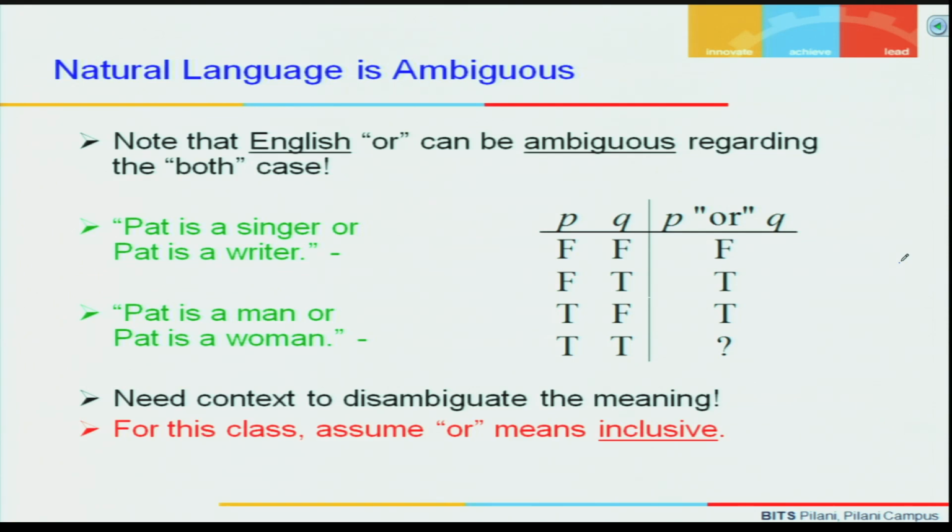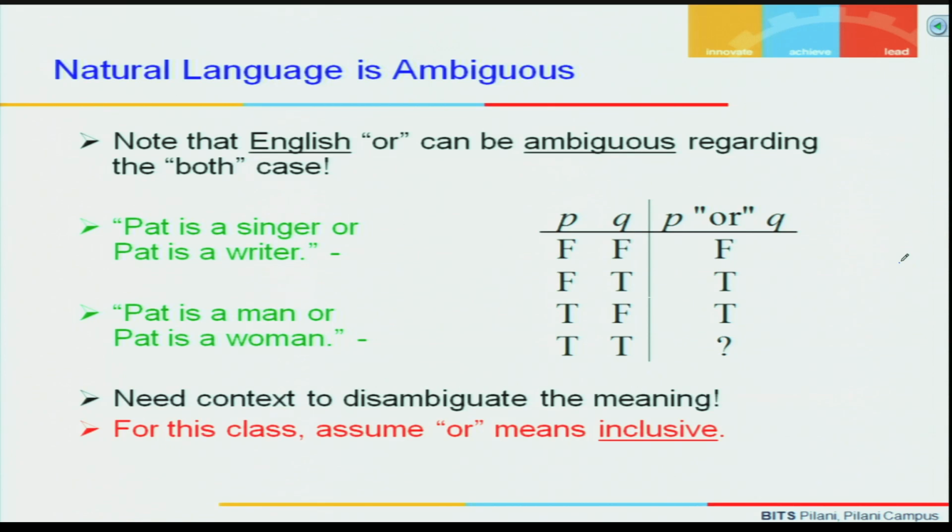Like in this case, Pat is a man or Pat is a woman. If somebody says this statement is true, I understand only two things, not three. What are they? Pat is a man or Pat is a woman. The third possibility will not exist because of the context. In the earlier context, Pat is a singer or Pat is a writer, considering the situation, context and all, I will have three possibilities. Pat is a singer or Pat is a writer, or Pat can be both.